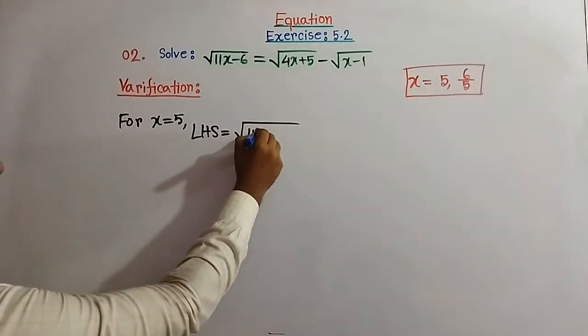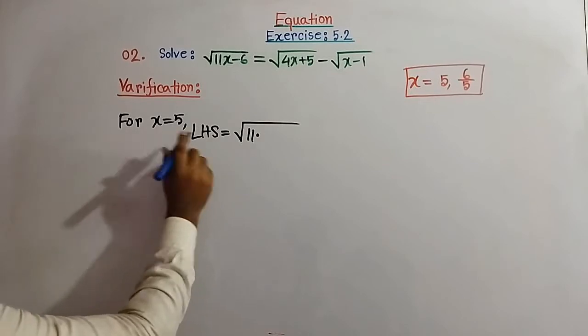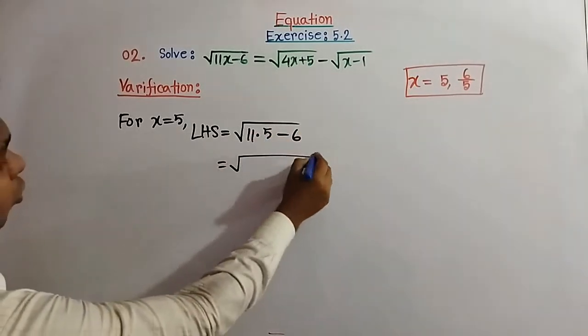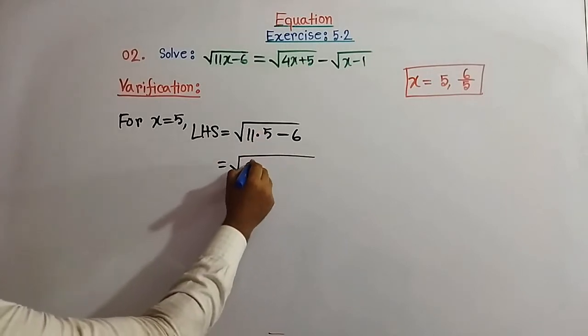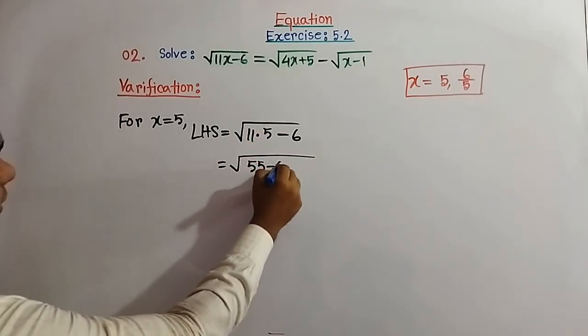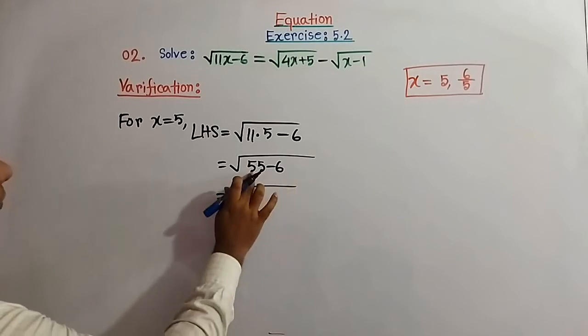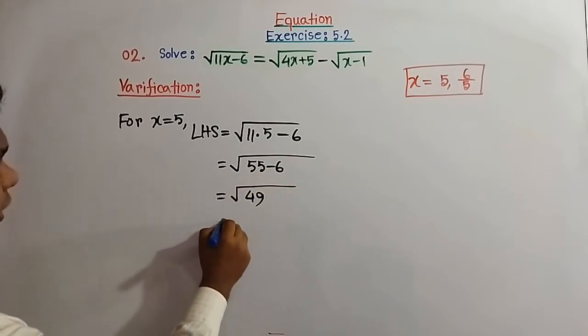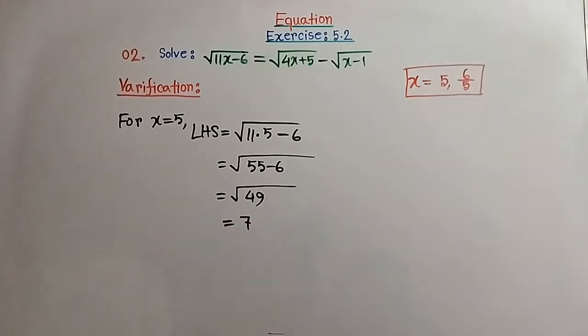So 11 into x, the value of x is 5, then minus 6. So √(11 into 5 = 55 − 6). √(55 − 6) equal to √49, √49 equal to 7. So our left hand side is 7.